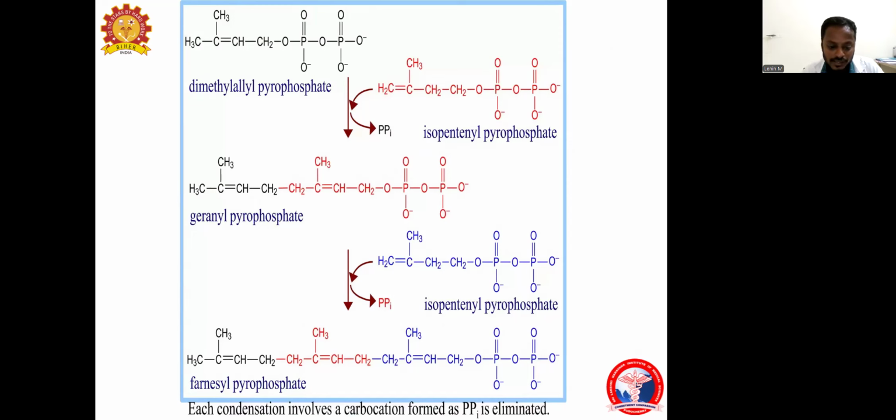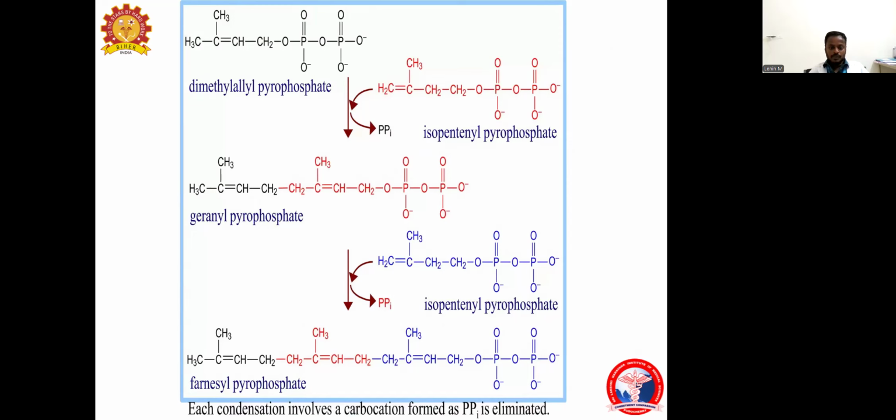which will be formed. Each condensation involves decarboxylation, and pyrophosphates are eliminated in this reaction. So after dimethylallyl pyrophosphate formation, it is converted to form geranyl pyrophosphate with the addition of isopentenyl pyrophosphate.